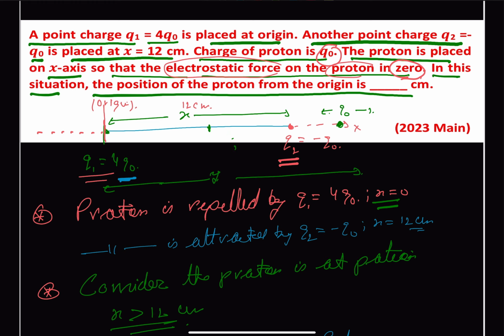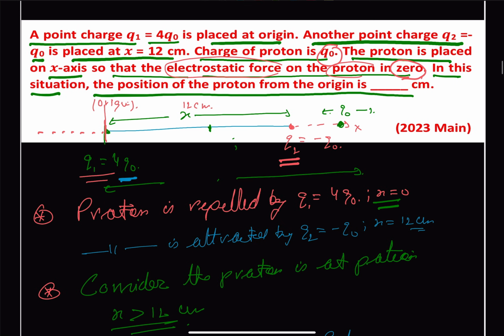So let us assume this distance is y. Therefore the total distance will be y plus 12.